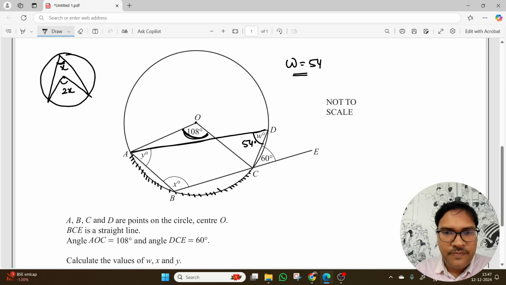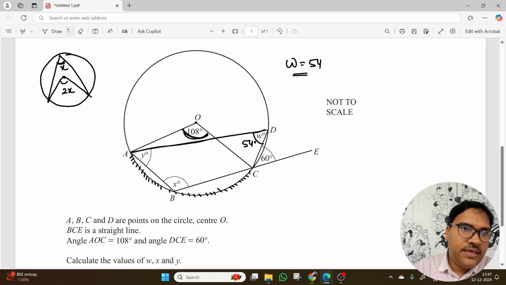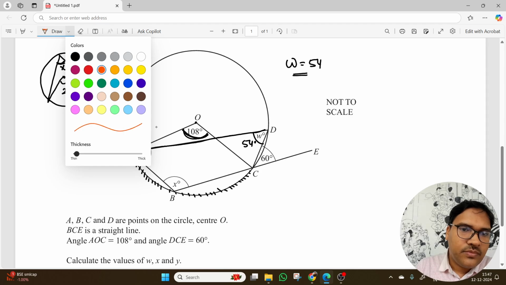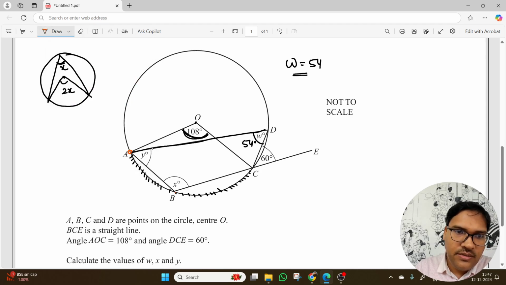So this is the first part. Now the second, you see, this is a cyclic quadrilateral ABCD, because all the vertices are on the circumference. If this angle is 54 degrees and this angle is x, then the sum of these two should be equal to 180.